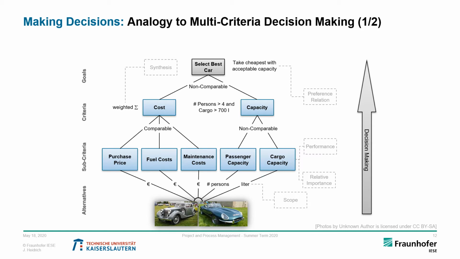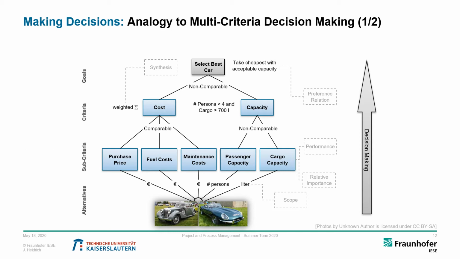Yeah, and these items are then easy to measure for all the alternatives, or alternative cars in this example, that could come into play here. And based on that, we have clearly defined criteria. So for instance, we will reject all cars that have a capacity of less than or equal to 4 persons and a cargo load of less than or equal to 700 liters.